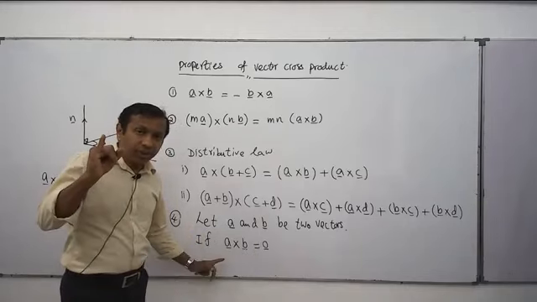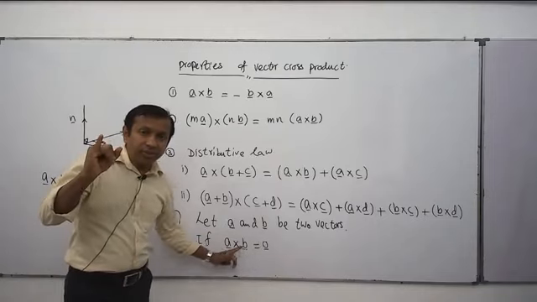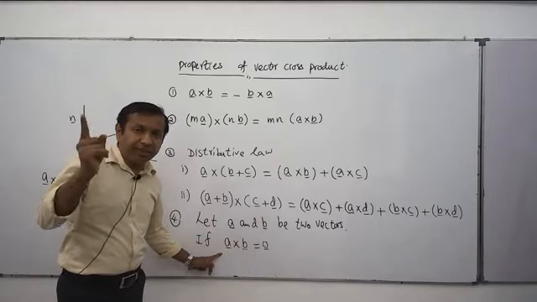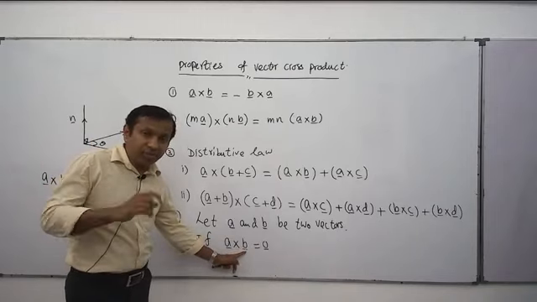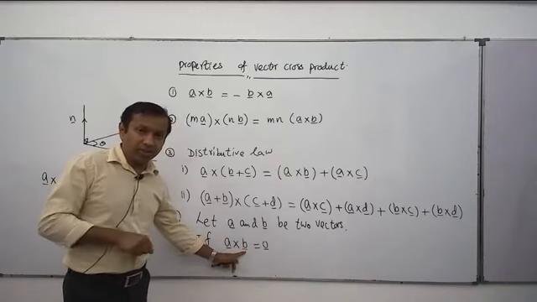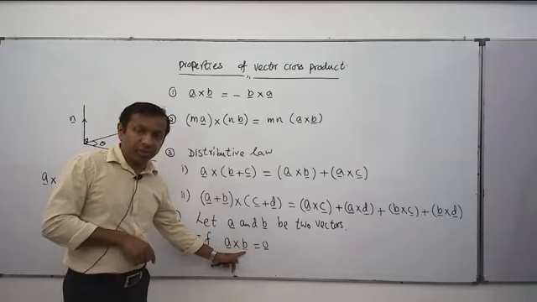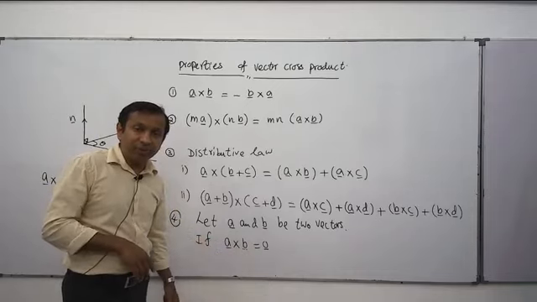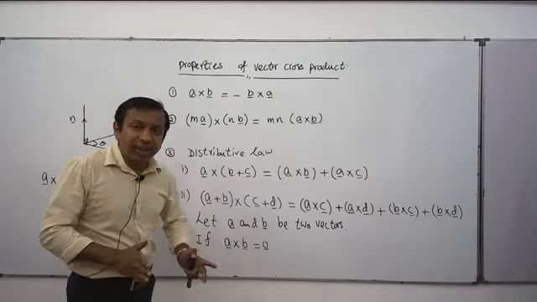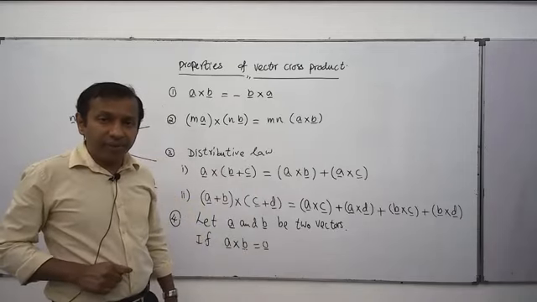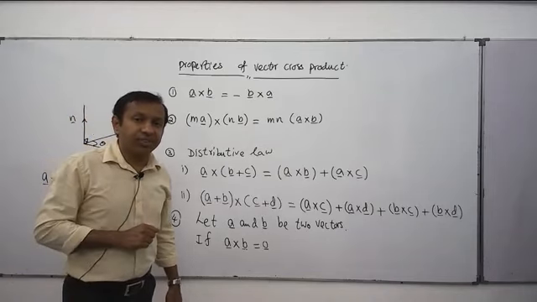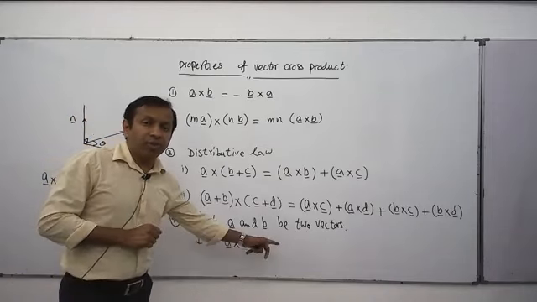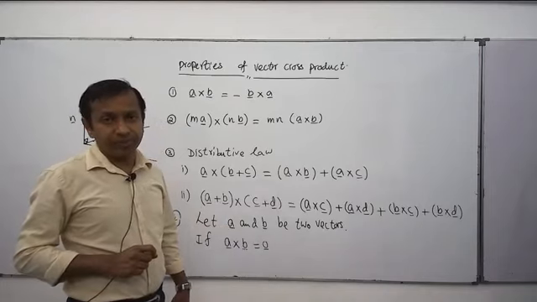First, vector A is a null vector. Second, vector B is a null vector. Or third, the two vectors A and B are parallel. Because of one of those 3 reasons, A cross B will be equal to the null vector.